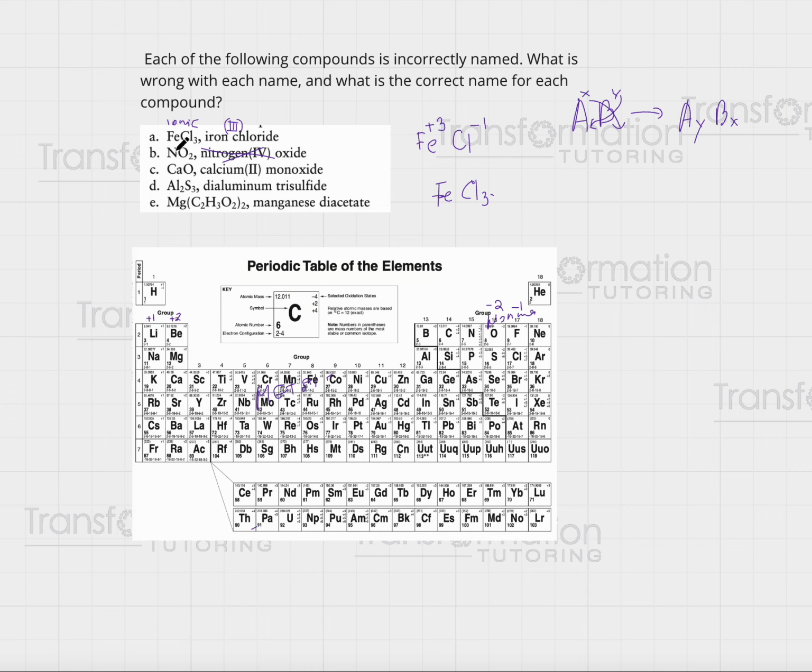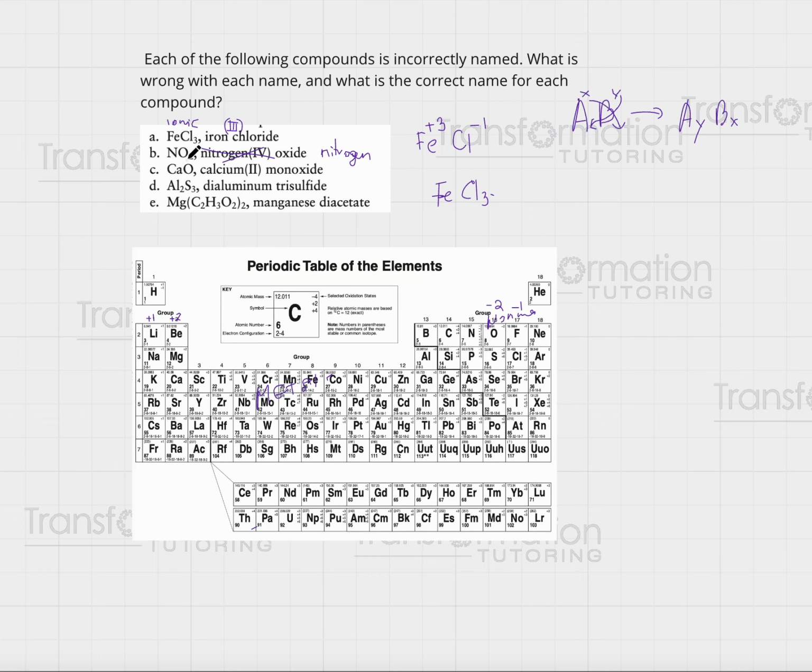So what we do is we use the name of the first element, which is nitrogen. We usually use a prefix, but since nitrogen is 1, we do not use mono for the first element. That's a rule. So we just say nitrogen.